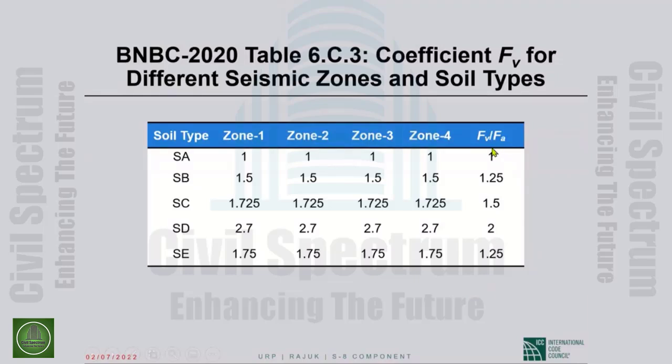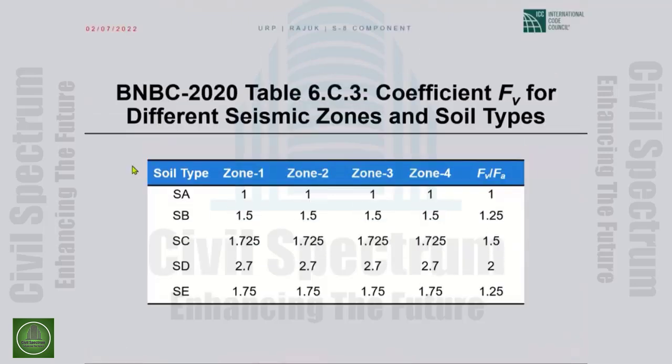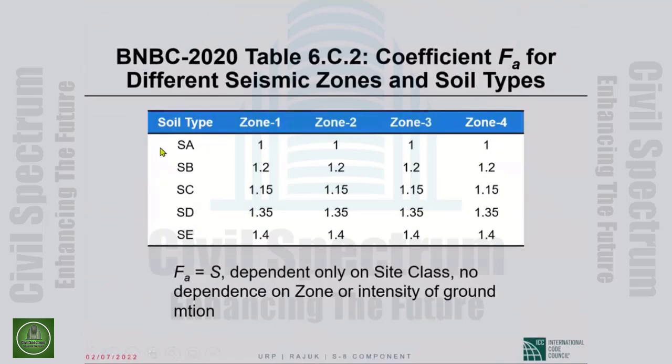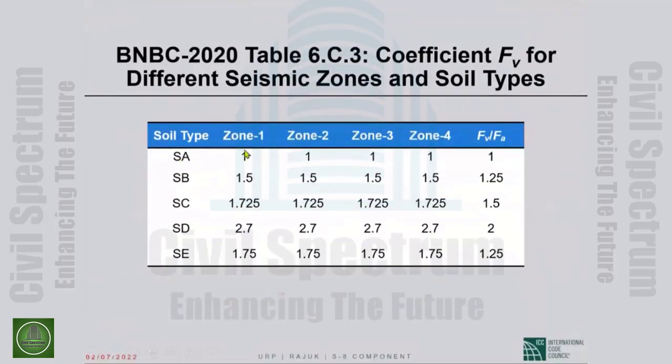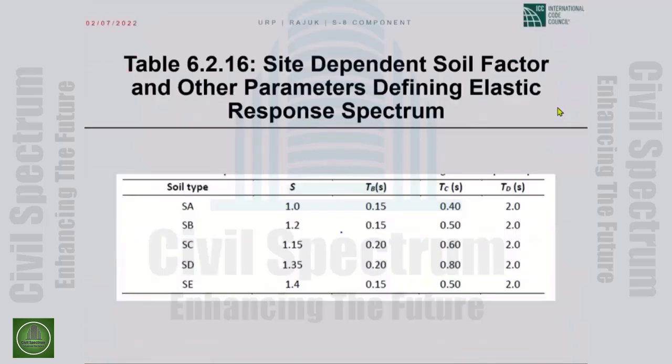This is F sub V over F sub A. I suspect that somebody decided to go with those ratios and that produced the F sub V values. And I did not point out the last time, but I should have. S sub A is the benchmark site class. Okay, this is why you have a soil factor of 1 with S sub A, and the same thing is true of long period ground motion.